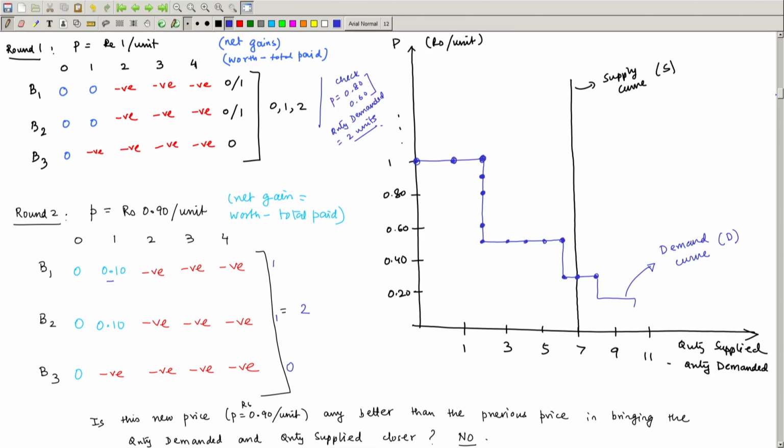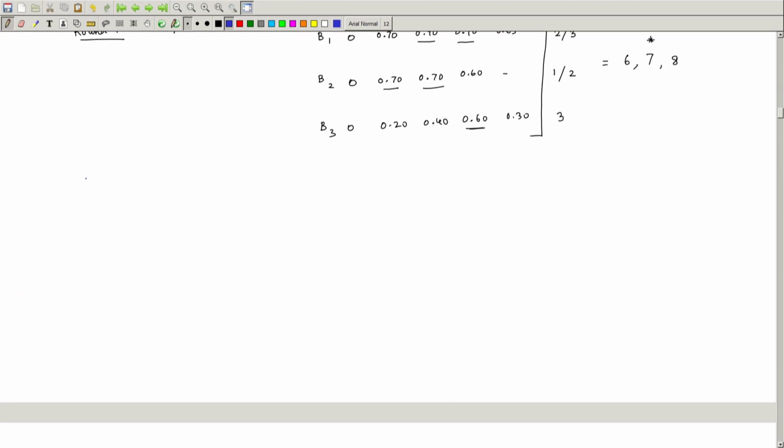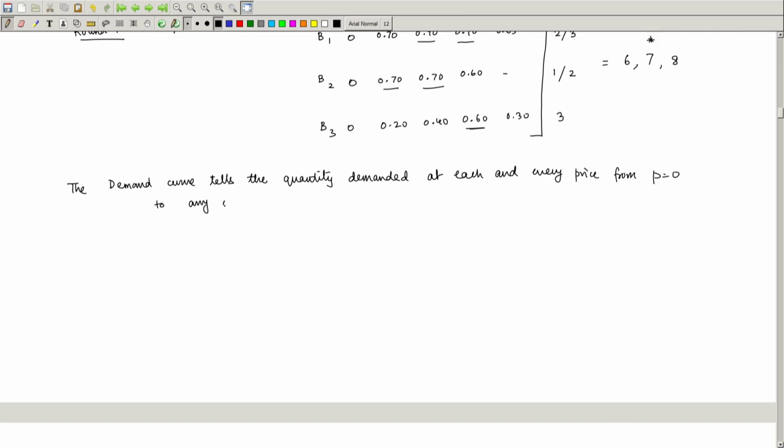Just as the supply curve tells us the quantity supplied at each and every price from p equal to 0 to p equal to infinity, the demand curve tells us the quantity demanded at each and every price from p equal to 0 to any other number, right.